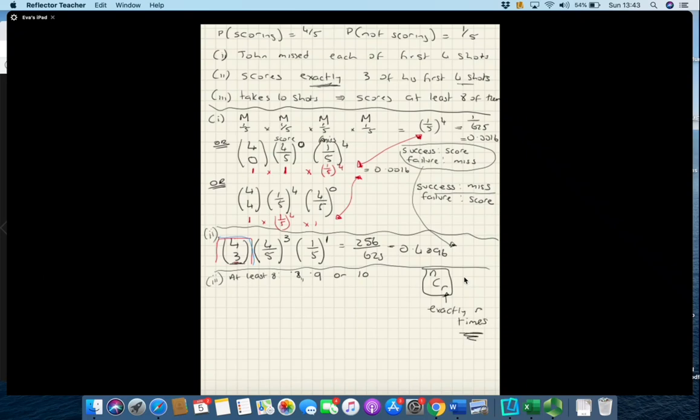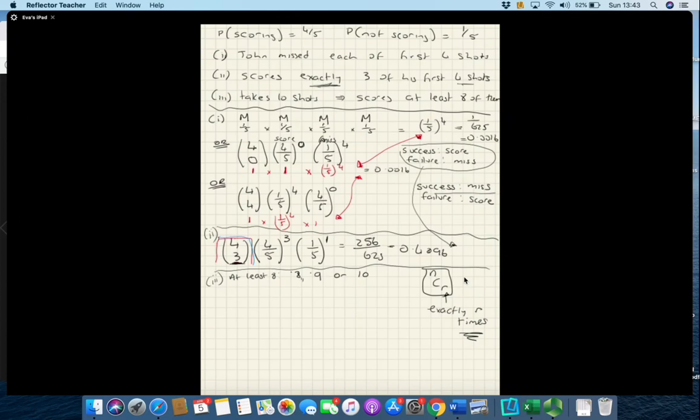Okay, so in part 2, I was working out exactly 3 successes. When I have a question like part 3, which is very, very common on a Leaving Cert paper, at least 8 of them, think for a moment, what does at least 8 mean? You can see I started to write down 1, 2, 3, 4, 5, 6, 7, 8, but that was answering at most 8.